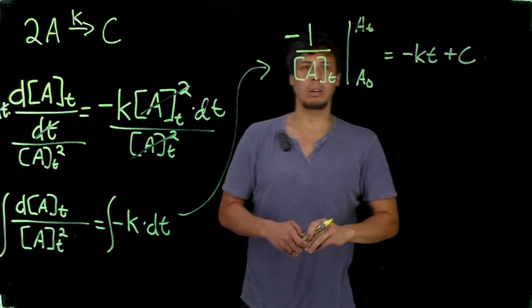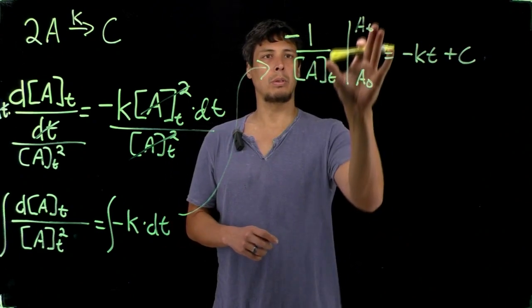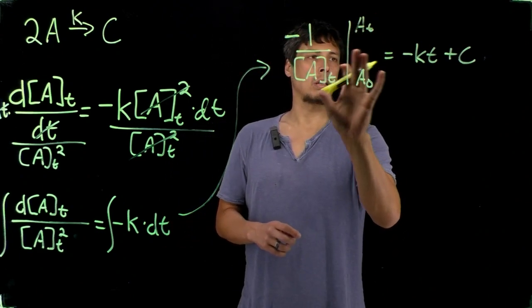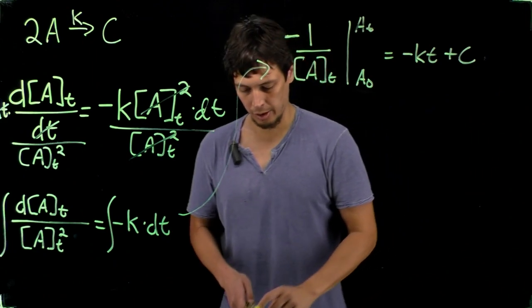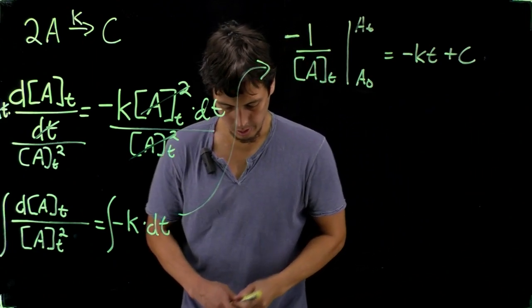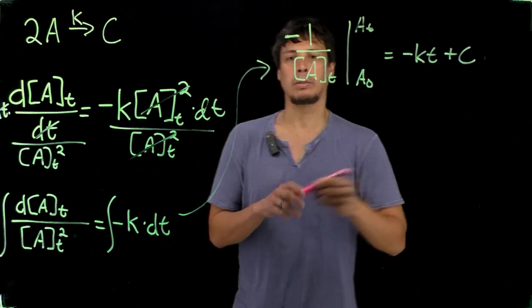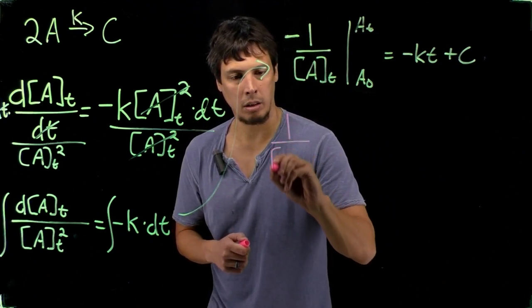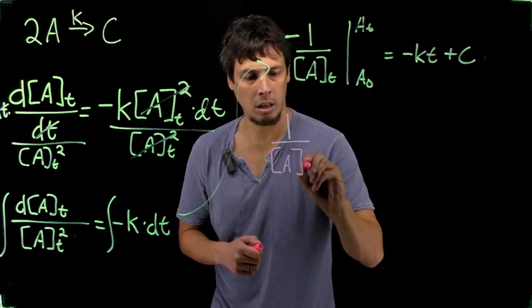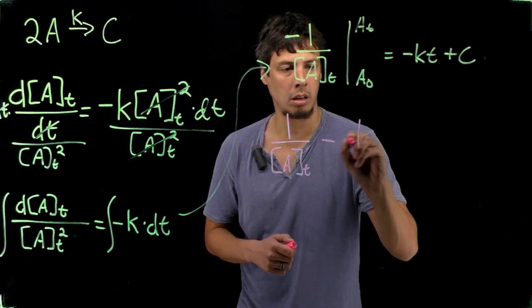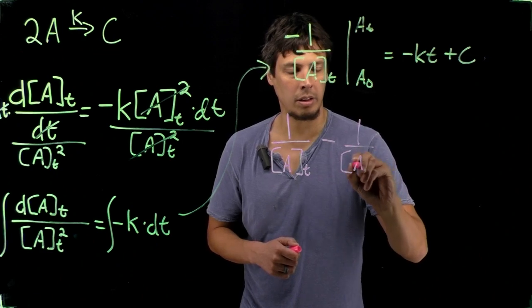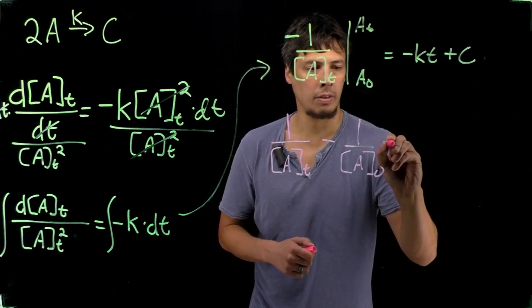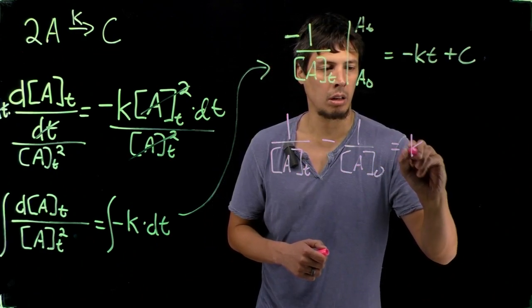Okay, and I'm not going to go too much into this, but if you set this up and solve for c, what your final equation is going to look like is 1 over A of t minus 1 over the initial concentration of A is equal to kt.